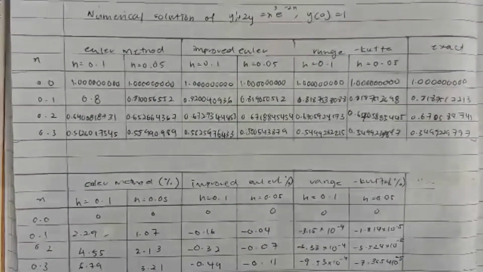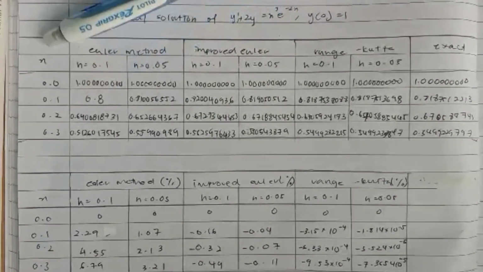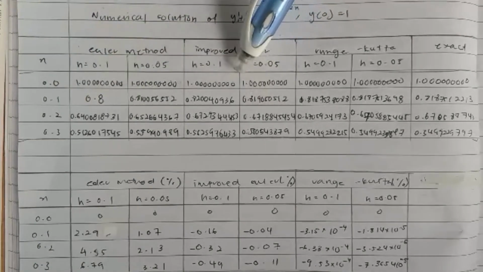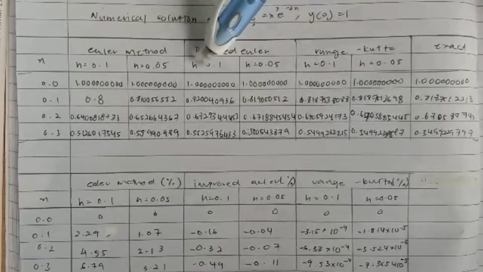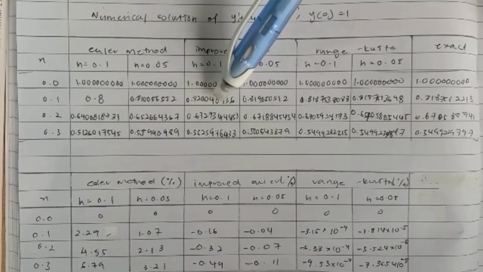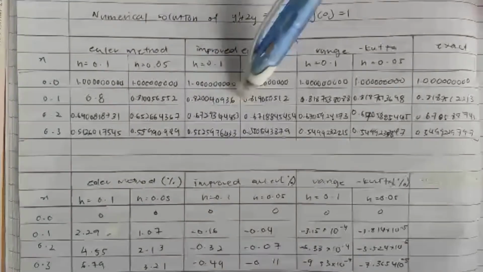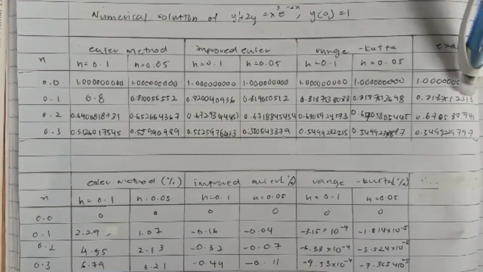So now we move to the improved Euler. For x equal to 0.1, for improved Euler with h equal to 0.1, we have 0.8200400936 compared to 0.8187512213, which is the exact value.